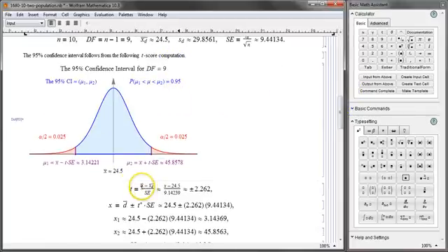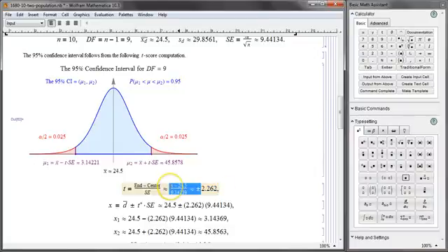And from this picture, what do we do? End minus center over standard error is a t-score, and consequently this number or that number, let's call those x. So x minus 24.5, the center, over standard error 9.14 something, is a t-score, 2.262, but we have negative 2.262 as well because we have the symmetry.